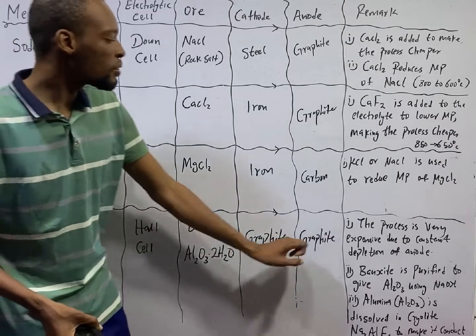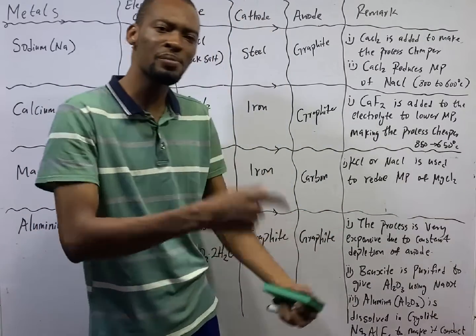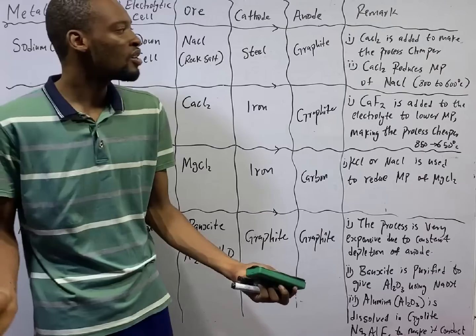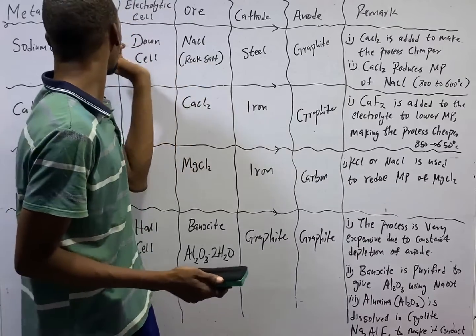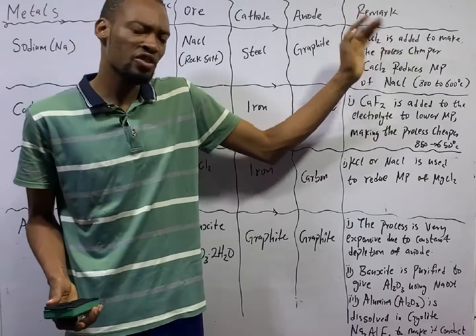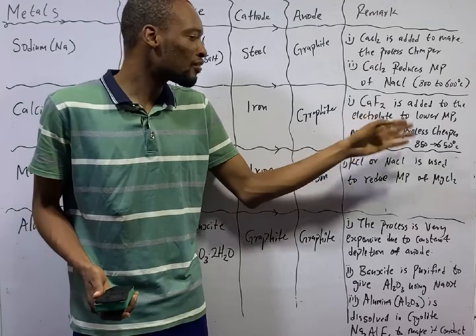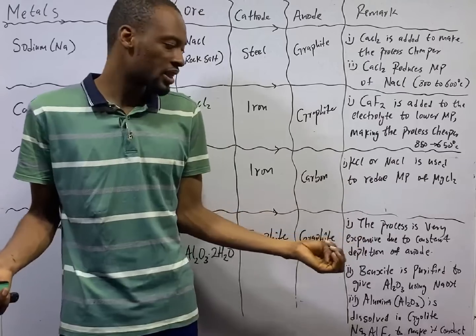Why? Because of the constant depletion of the anode. This graphite keeps getting used up, it keeps depleting. So the process is expensive. We don't have things to really add to make it cheap, like for sodium, where we need to add calcium chloride, like calcium, where we need to add calcium fluoride, like magnesium, where we need to add sodium chloride.